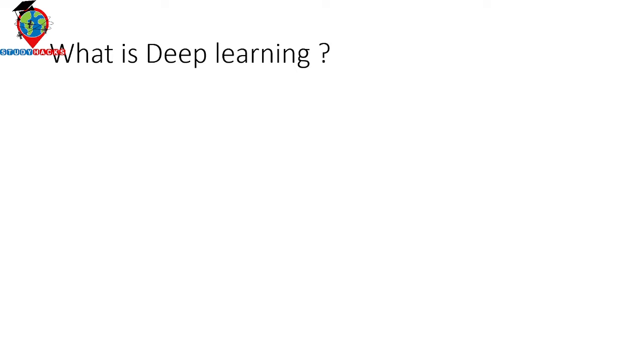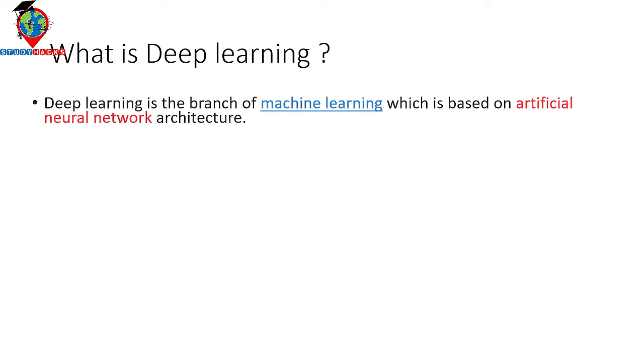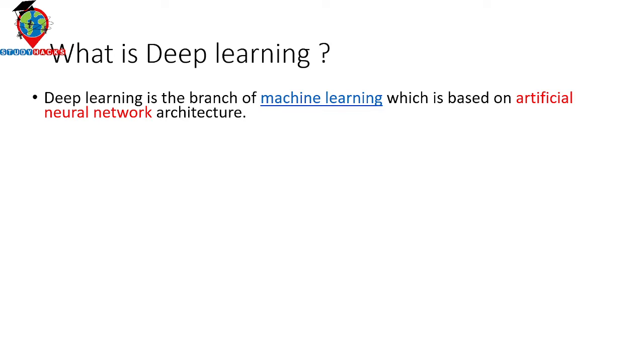First of all, what is deep learning? Basically, deep learning is the branch of machine learning which is based on artificial neural networks, and it is capable of learning complex patterns and relationships within the data.